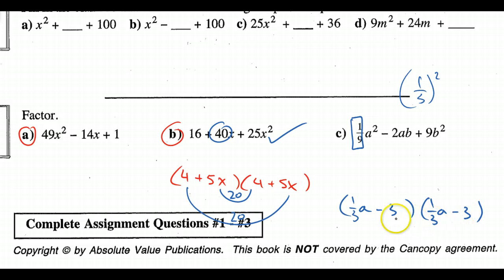You have to have minus 3 and minus 3 because your middle number is negative. Otherwise, you would never be able to add to a negative number. Let's check if that works using our smiley face. 1/3 times negative 3 is negative 1. Negative 3 times 1/3 is negative 1. Negative 1 plus negative 1 is negative 2. And there it is, negative 2.